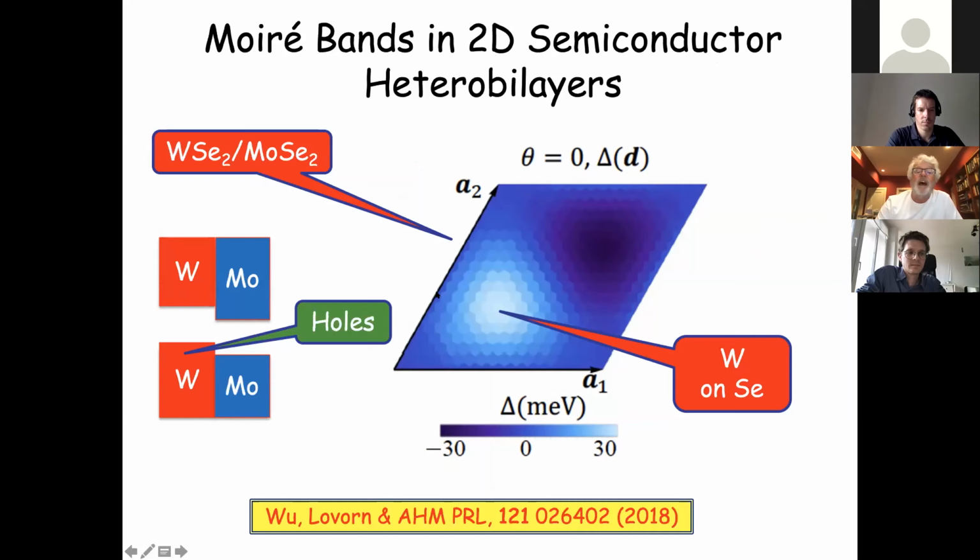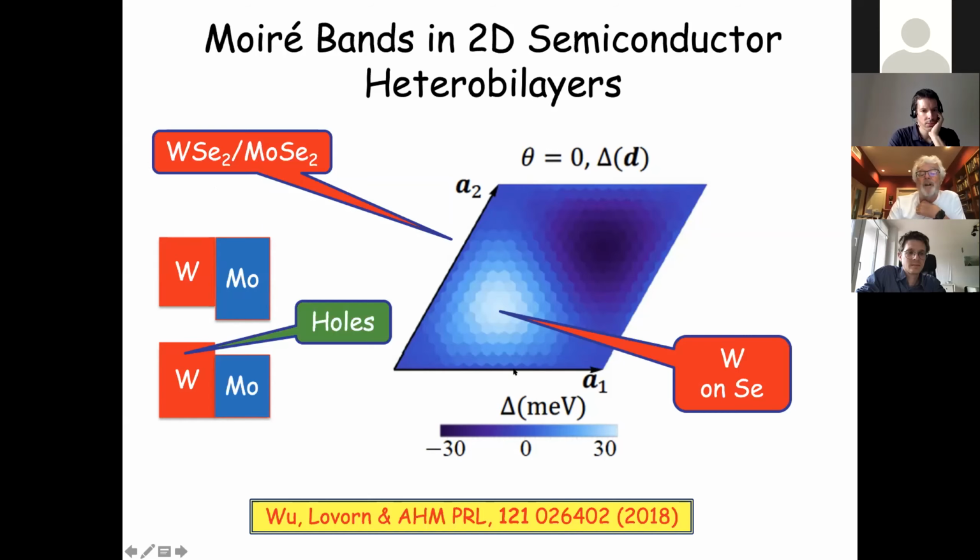In other words, it acts just like a potential that acts on the states at the top of the valence band. So as shown here, the one case of particular interest is tungsten diselenide on top of molybdenum diselenide or molybdenum disulfide. The states at the top of the valence band in that case are in the tungsten. So the molybdenum doesn't play any role other than to provide the modulation pattern, which is easy to understand intuitively.